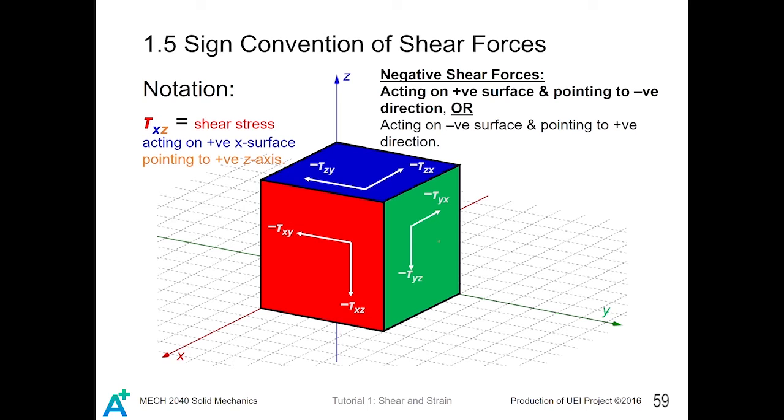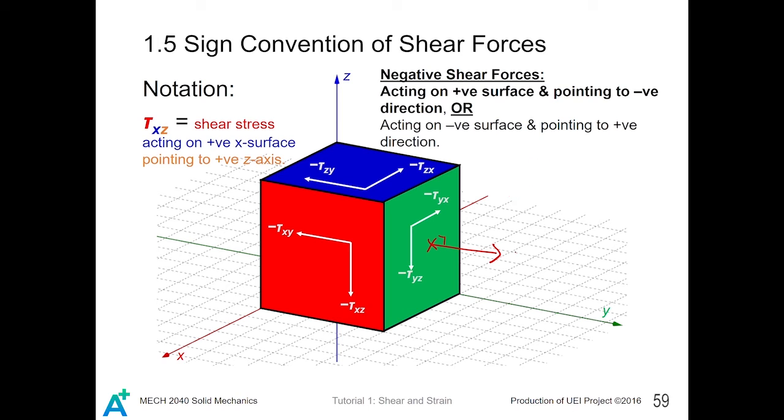If a force is acting on the positive y surface, pointing in the positive y direction, can we still call it shear stress? No. The reason is that this force is normal to the surface. That means it is direct stress instead of shear stress. So there is nothing like tau xx.